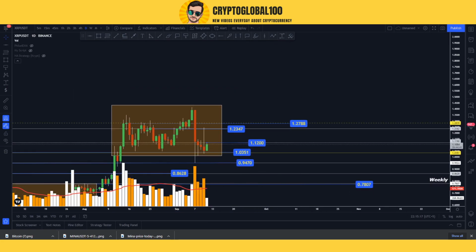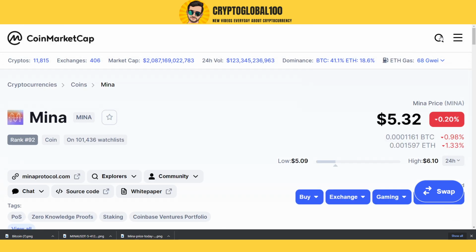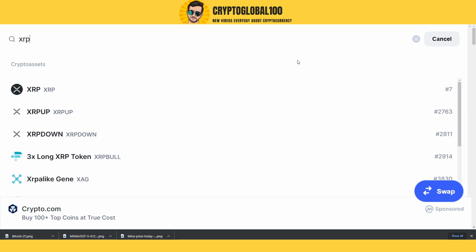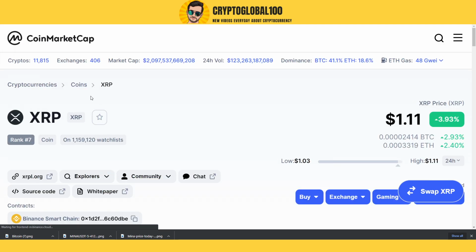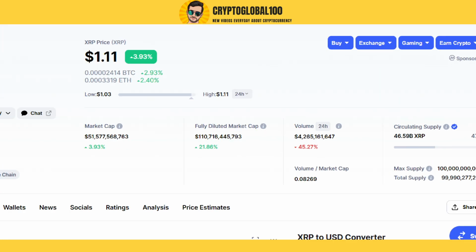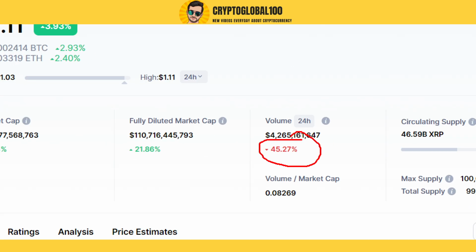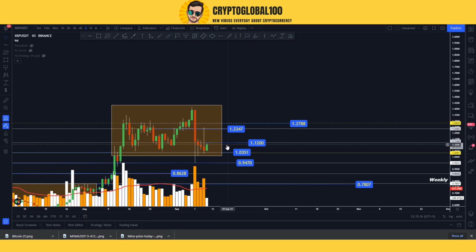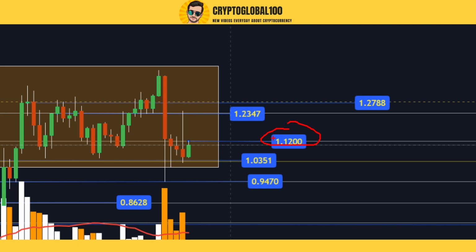Let me show you on CoinMarketCap, just to give you the full scenario. You can clearly see 45% volume is down, so the price is definitely not going to break this level. More chances we might break $1.1 or retest $1. Otherwise the price is going to move back to 0.94.